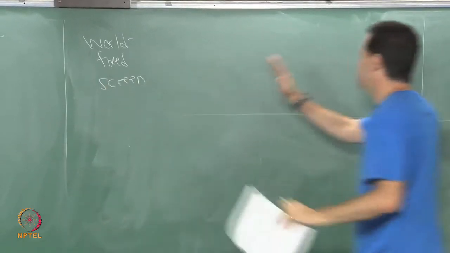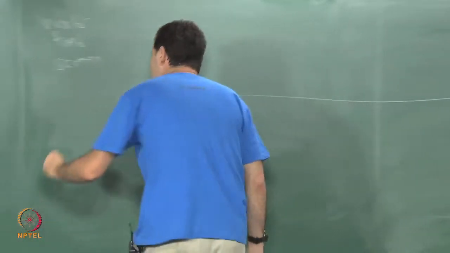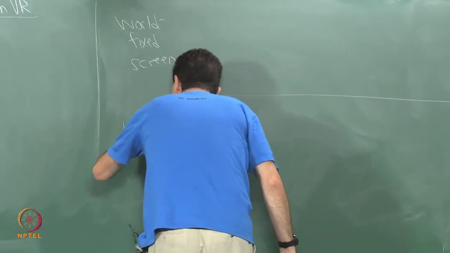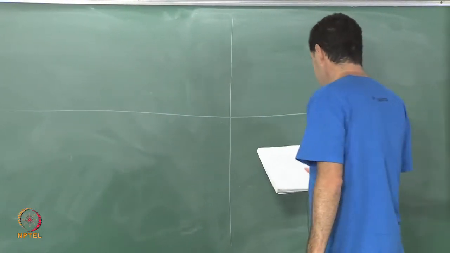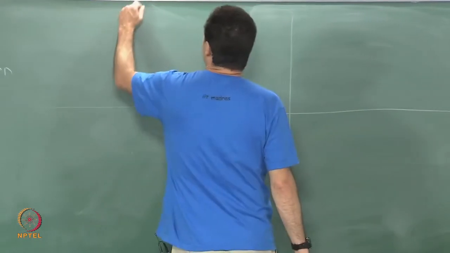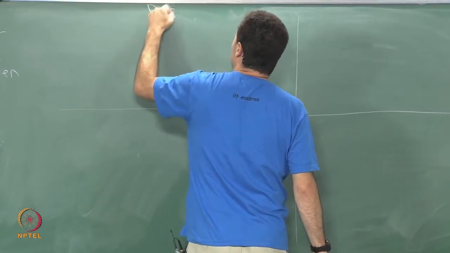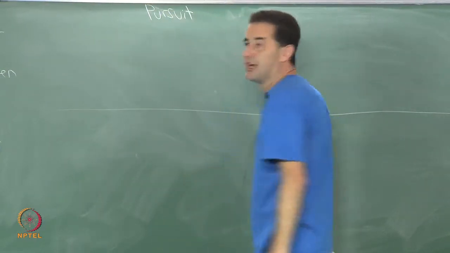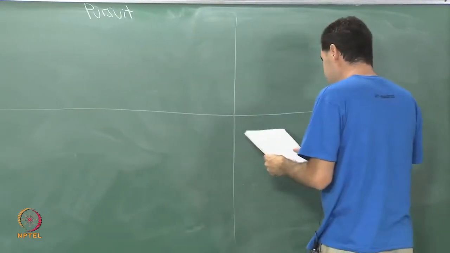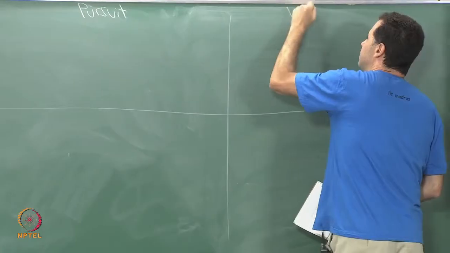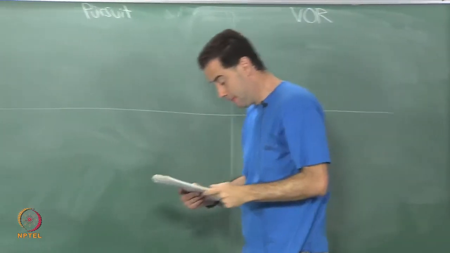In this row I'm going to look at 2 cases of a world fixed screen, and down here I want to have a head mounted display, in other words, a head fixed screen. And then on this side I want to consider the case of pursuit, in other words, that's the kind of eye movement that's going to be happening. And in this case I want to consider vestibulo-ocular reflex.